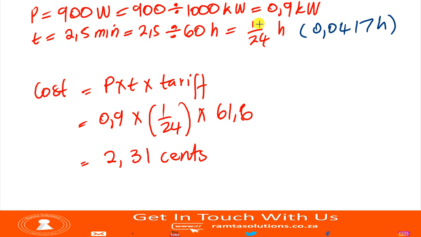And by the way, if you were using the decimal value, the cost equals 0.9 times 0.0417 times 61.6.